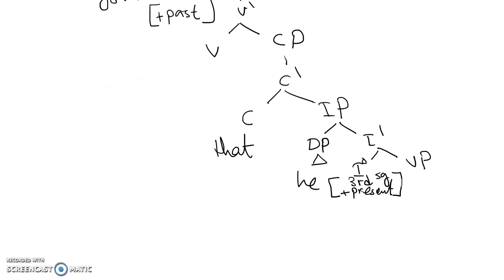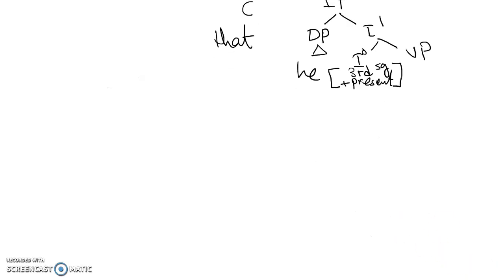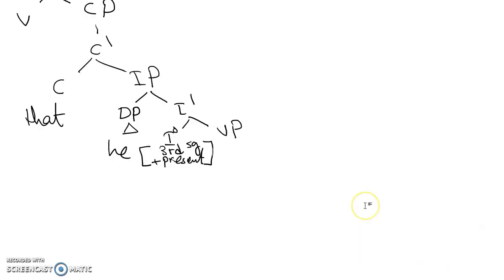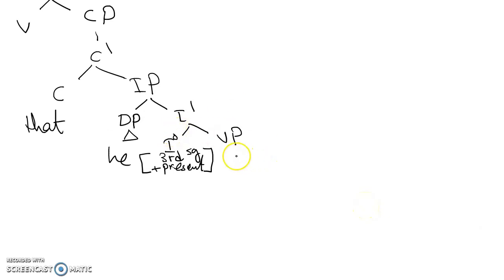Now regarding the VP, I have gets a high mark. We have to analyze it this way: V bar, verb, and its complement, the DP. So he gets a high mark.